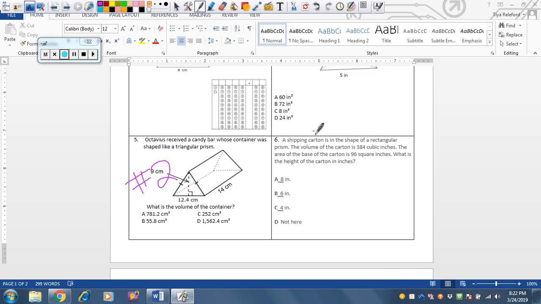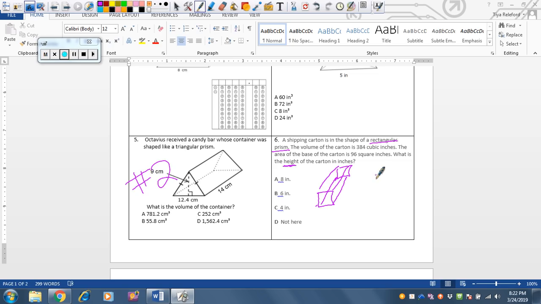Number 6 says that we have a rectangular prism. So you need to draw the rectangular prism. And don't stress about what you label the sides. It really doesn't matter. We want to know the height.